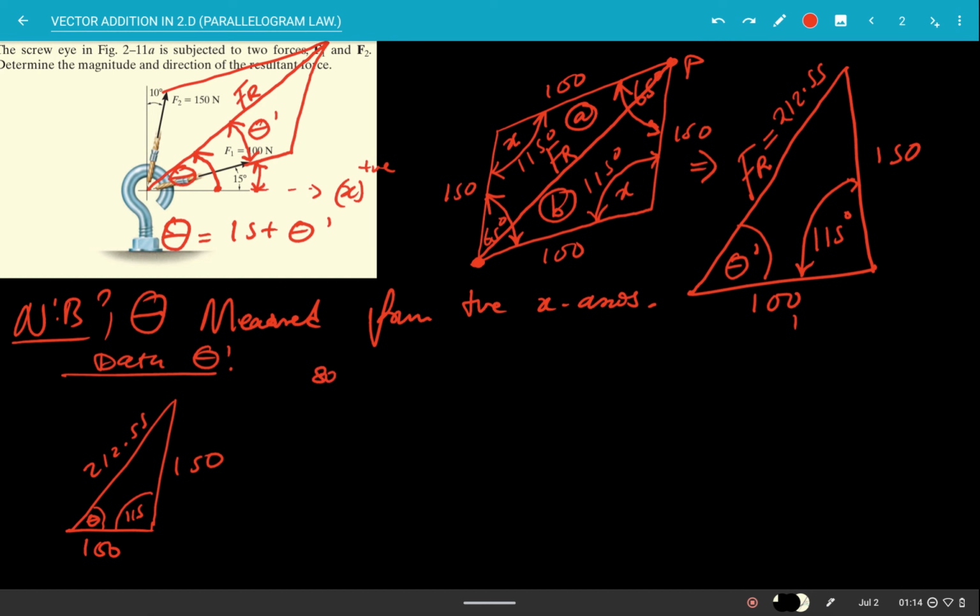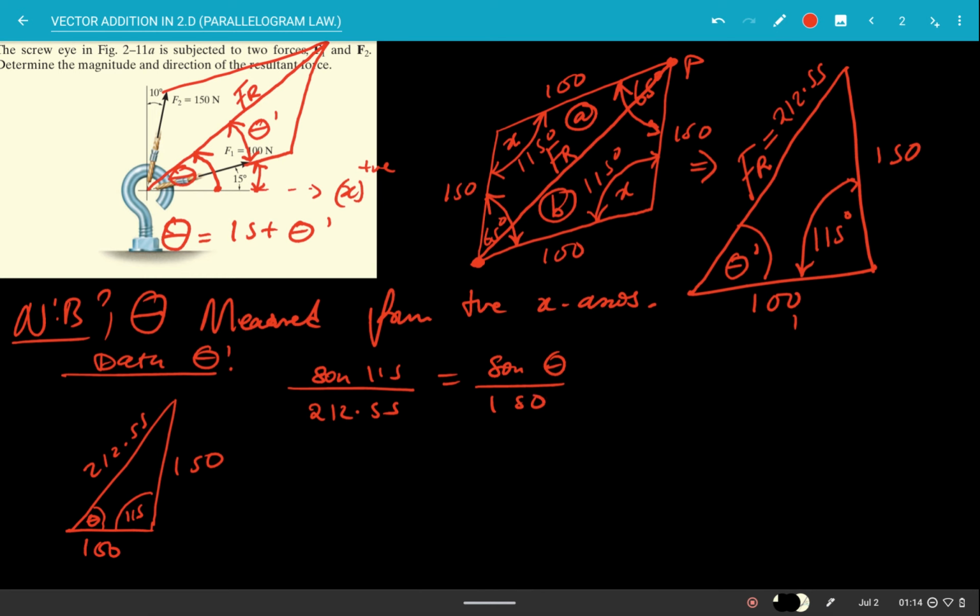So, we say sine 15 over the length, which is 212.55, and now this is equal to what you're looking for. So we have this that we're looking for pointing to this guy there. So this will be sine theta over 150.